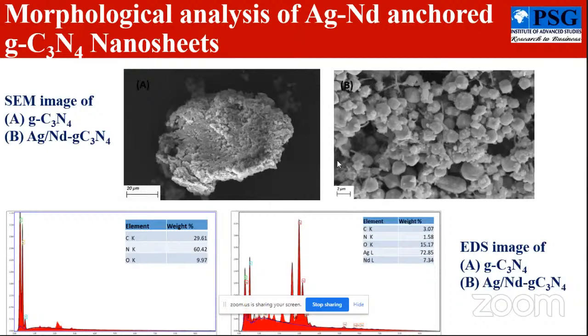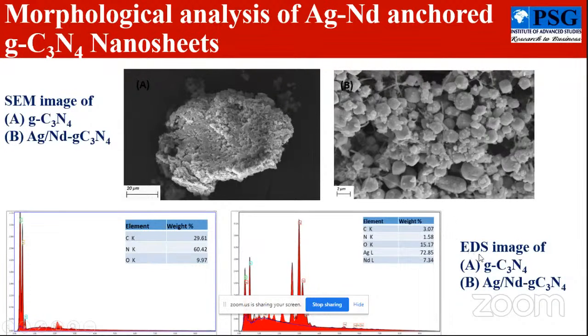Then after the characterization of the material, we have done the morphological analysis of the developed material, that is AgNd decorated g-C3N4 nanosheets. This is the SEM image of graphitic carbon nitride, and we can see a layered structure of g-C3N4. After decorating it with silver and neodymium, we can see agglomerated nanoparticles, that is, the Ag and Nd got anchored on the surface of the layered structure of g-C3N4.